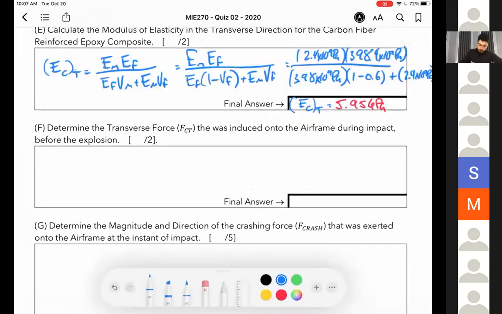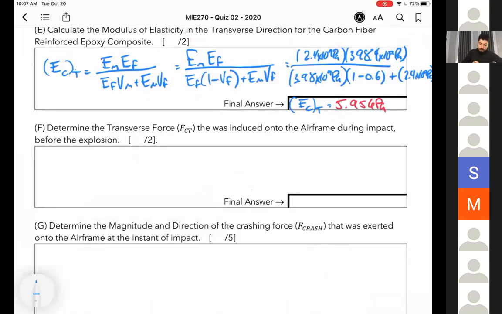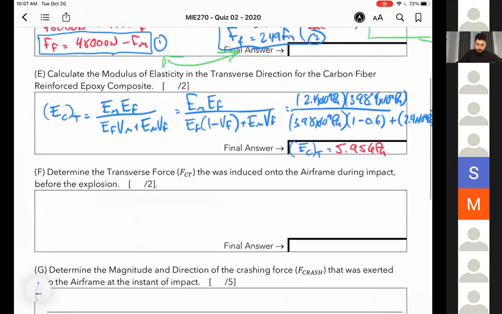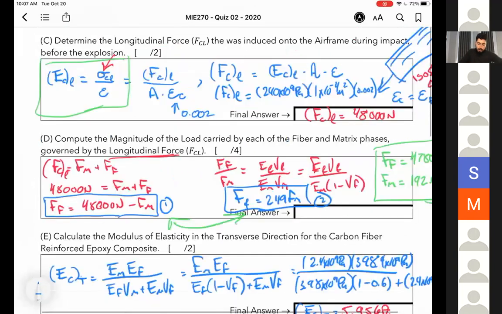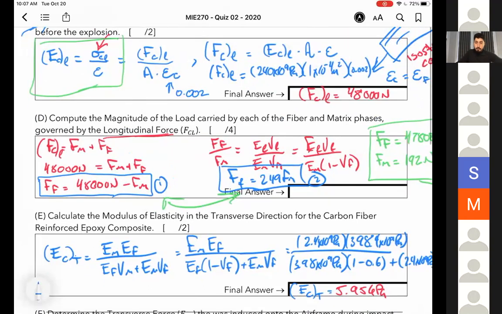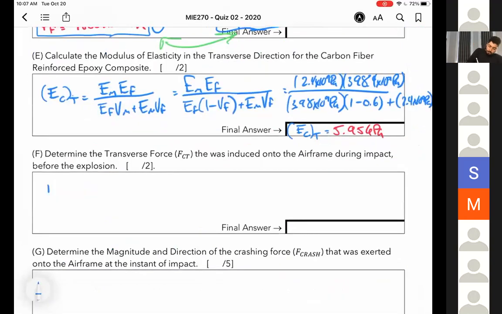So what are we going to do here? We did it already for the longitudinal, in part C. We're going to do the same thing. So the modulus of the composite in the transverse direction is equal to the strength of the composite divided by the strain on the composite.